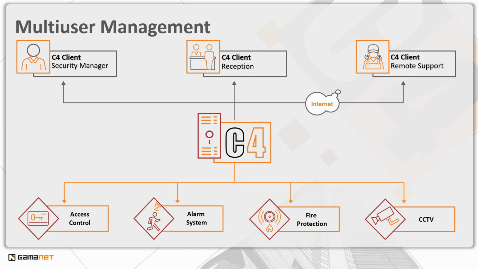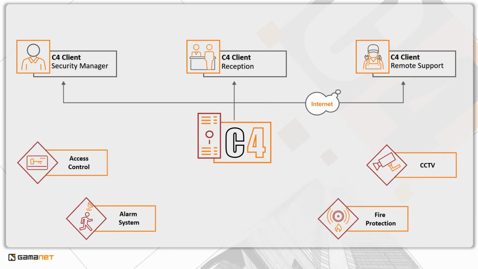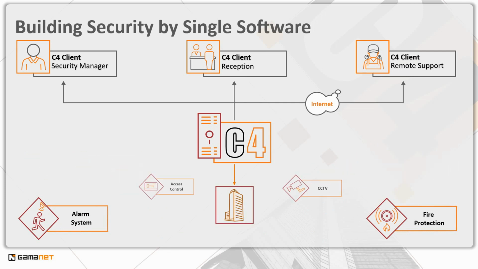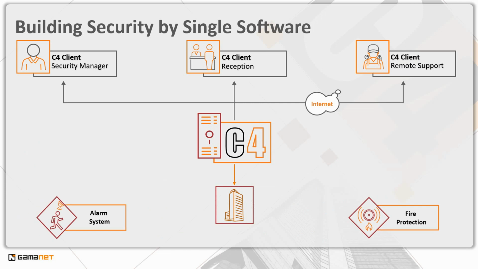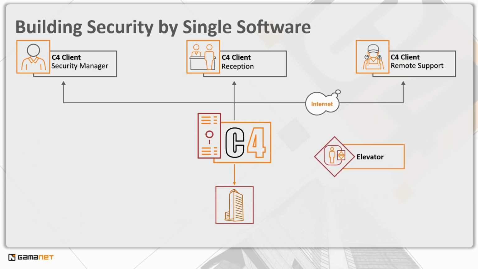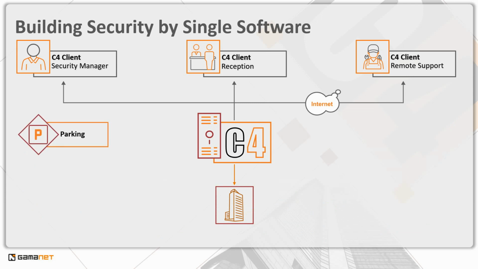For complex installations, extended detail of C4 system permission settings is available, down to the level of individual detectors or cameras. In addition to standard security technologies, C4 currently integrates most of the building automation technologies. Various kinds of access control systems are usually deployed at different buildings, such as access to elevators or parking systems.